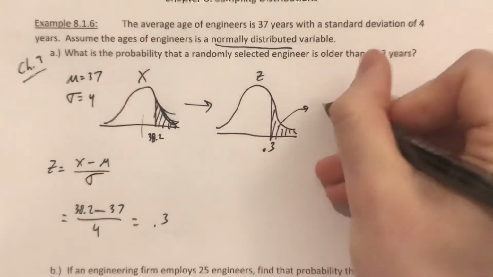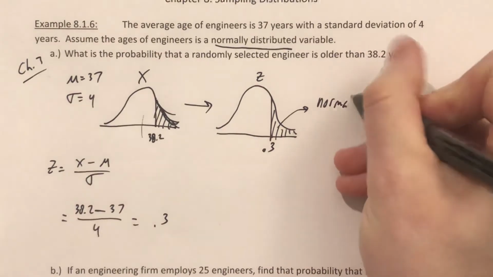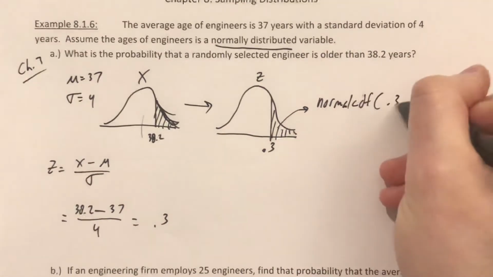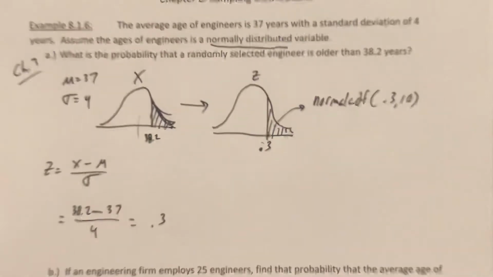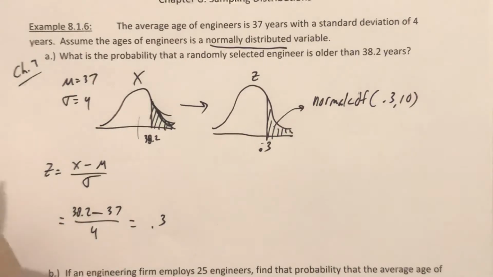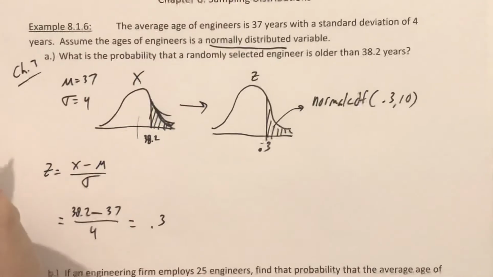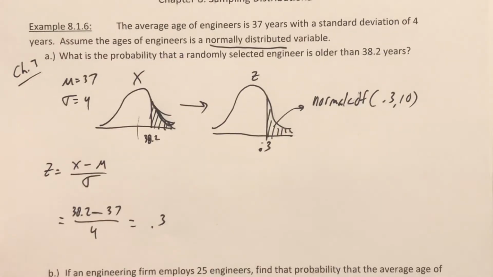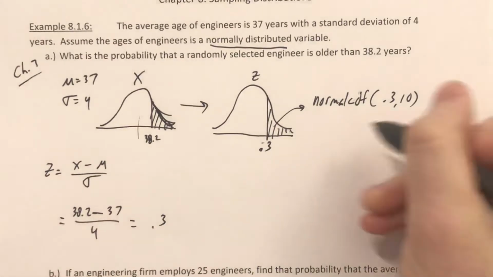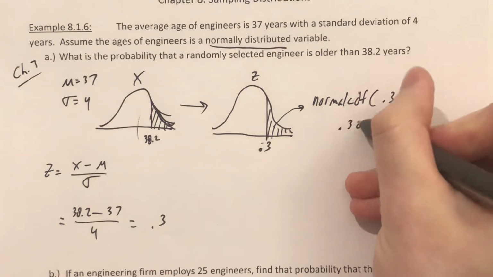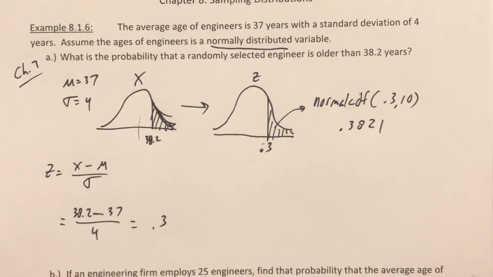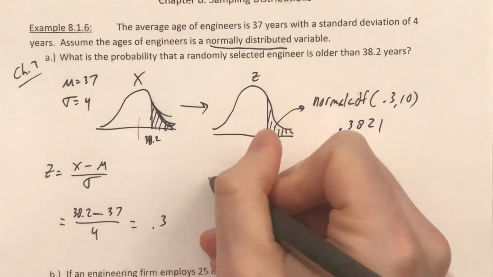And then we're able to plug that in to a normal CDF of 0.3 off to the right. So 0.3 to 10. And that's giving me a 0.3821 if I round.